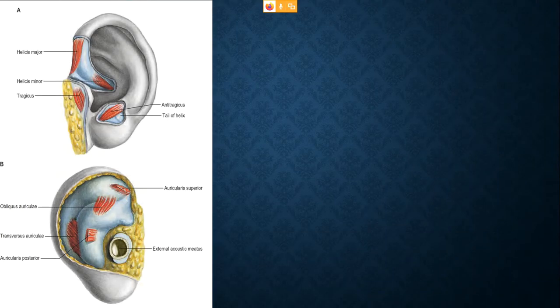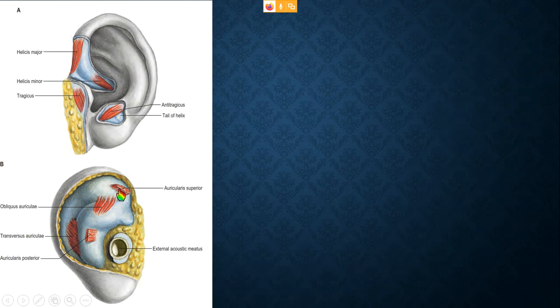These three muscles arise from the epicranial aponeurosis. You might remember the epicranial aponeurosis is the third layer of the scalp, which extends downwards and reaches the superior border of the zygomatic arch.